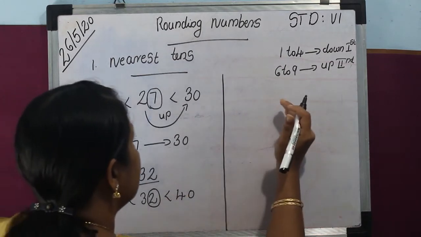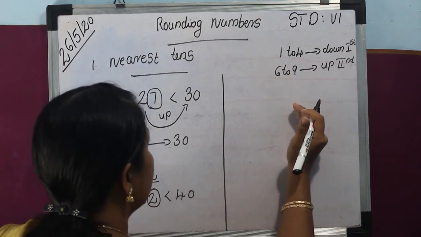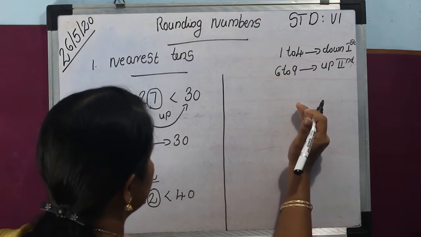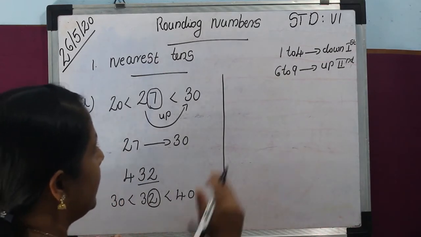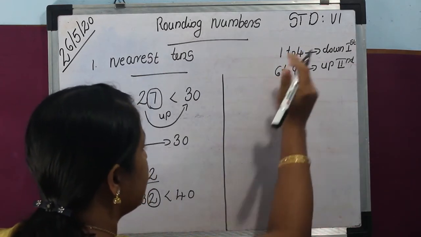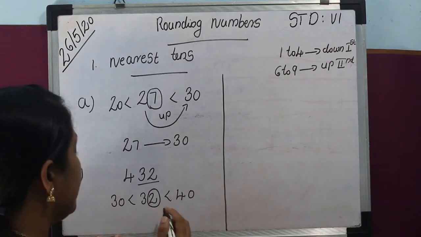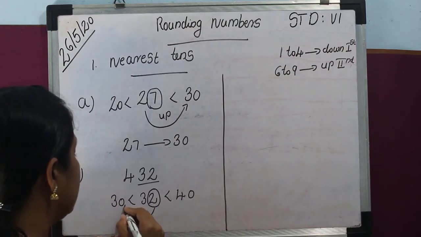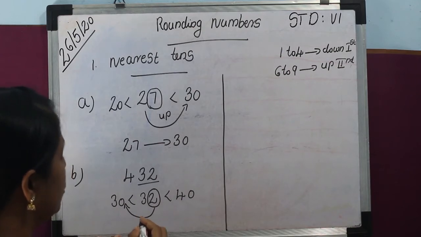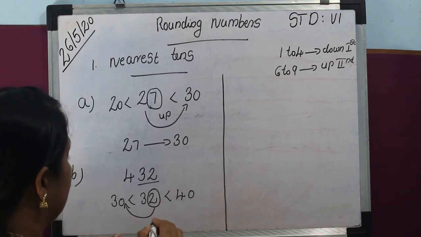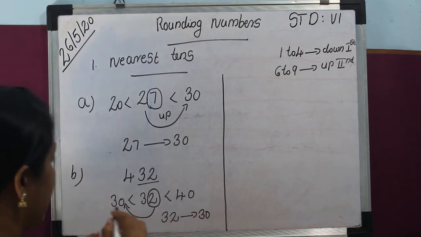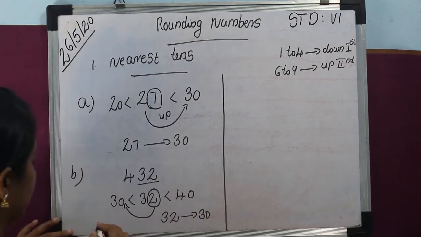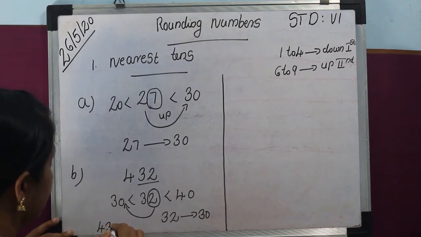So, we take our categories: 1 to 4 is rounded down to the first number and 6 to 9 is rounded up to the second number. Our number is 2, and 2 belongs to the first category. So 32 is rounded down to 30. Actually, our number is 432. So, 432 is rounded down to 430.